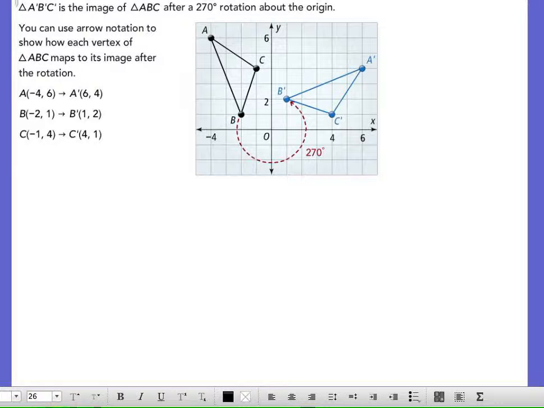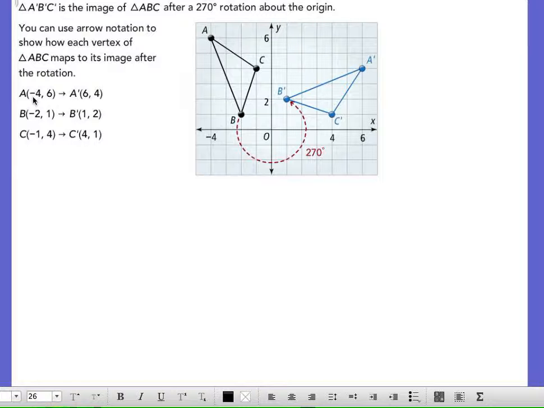Right now we're going to work on 270 degrees around the point of origin. Here we have triangle ABC, and it will rotate 270 degrees to triangle A prime, B prime, C prime. And we have already learned about arrow notation, but what I want to point out specifically is the points.